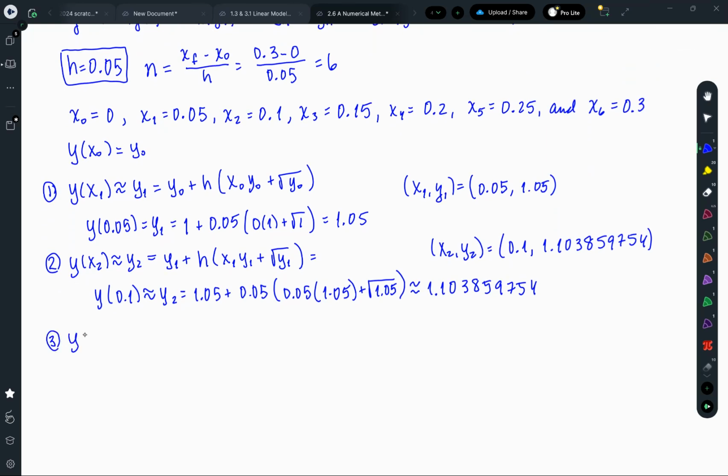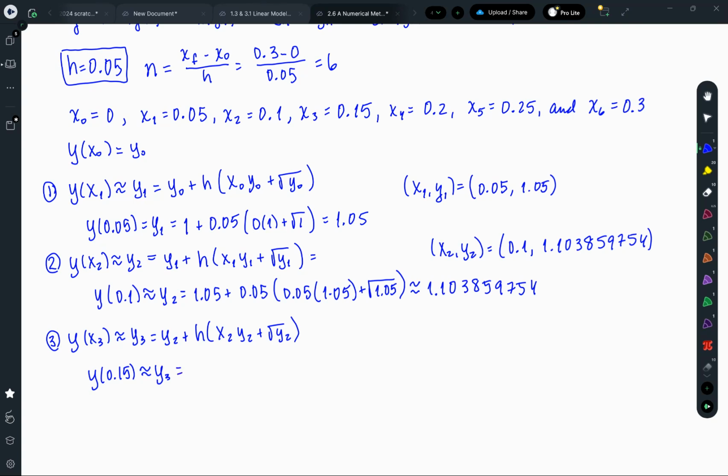All right, third step. Now we're looking at y of x3, which will be approximately y3, which is equal to y2 plus h times x2 times y2 plus the square root of y2. So we plug everything in. We are calculating y of 0.15, which is approximately y3.